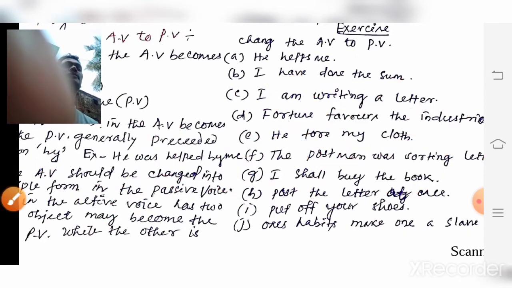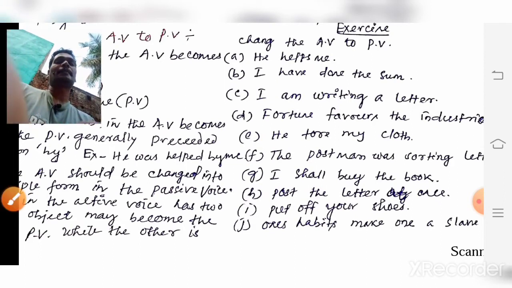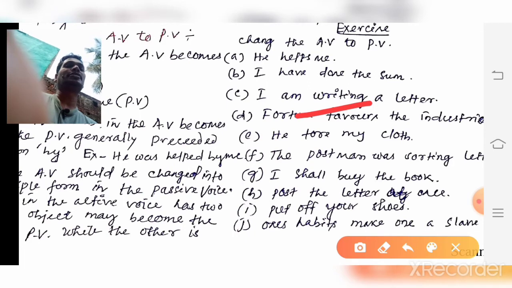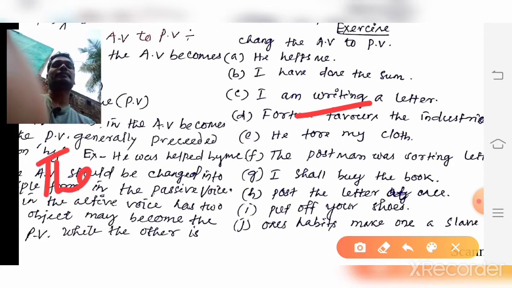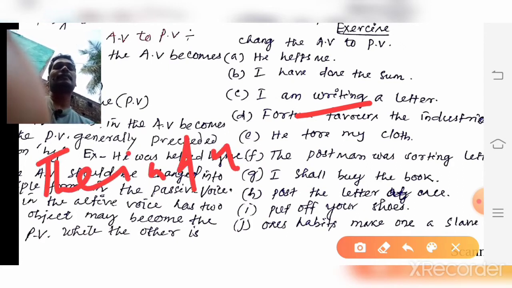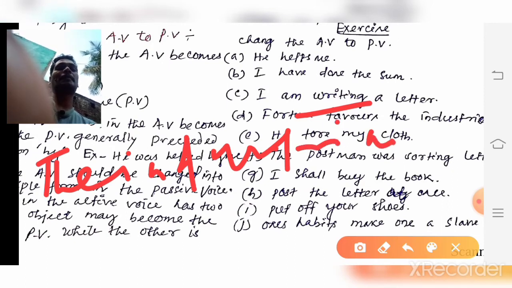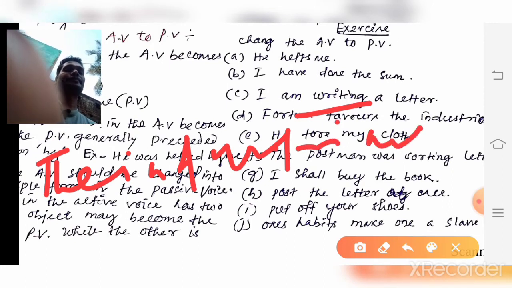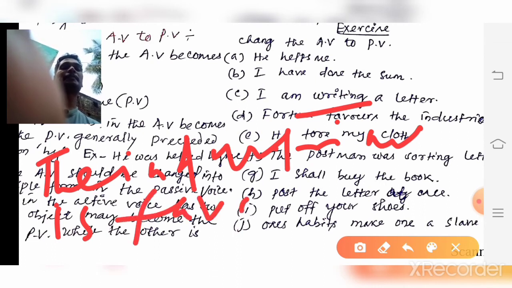Then, fortune favors the industrious. This is the AV. What will be the PV? The industrious is favored by fortune.